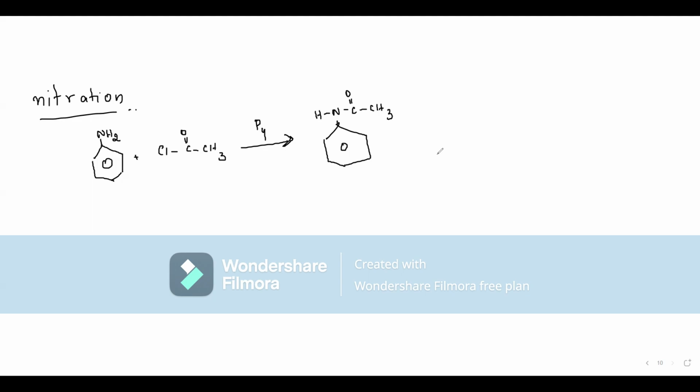Now, treat your acetanilide with your nitrating mixture. Concentrated HNO3, concentrated H2SO4. Treat it with the nitrating mixture. What you get is here, this NH, C double bond O, CH3 remains intact.